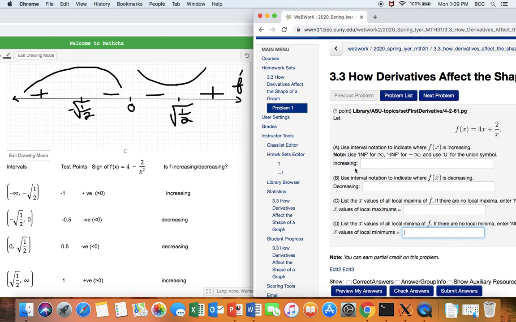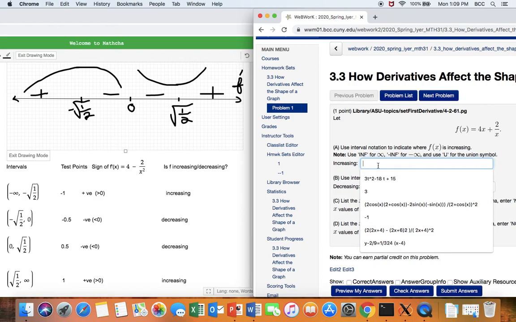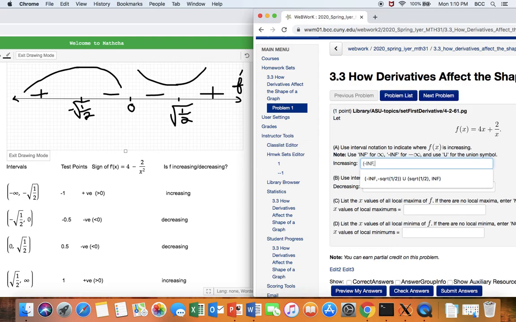So where is it increasing? They want us to write U for the union symbol. So I will say open parenthesis, negative infinity, negative square root 1 over 2, close, close. Union means you're increasing there and increasing there. So there are two pieces you need to go for.